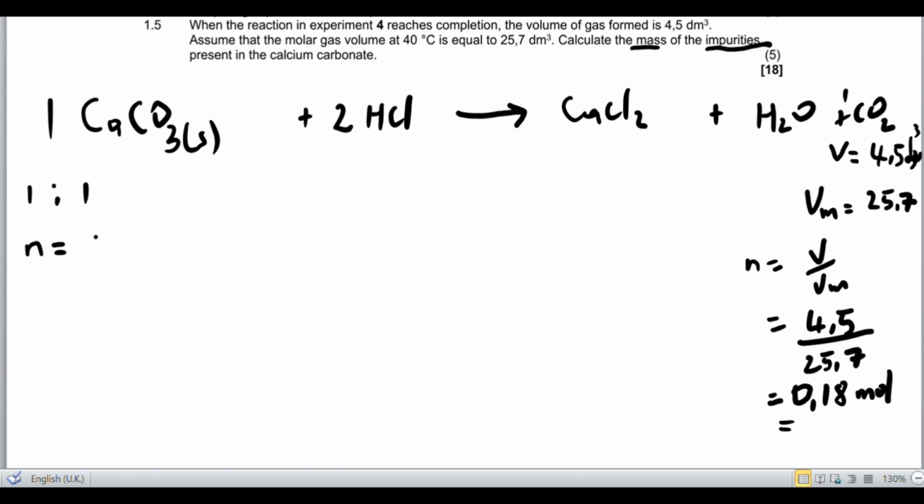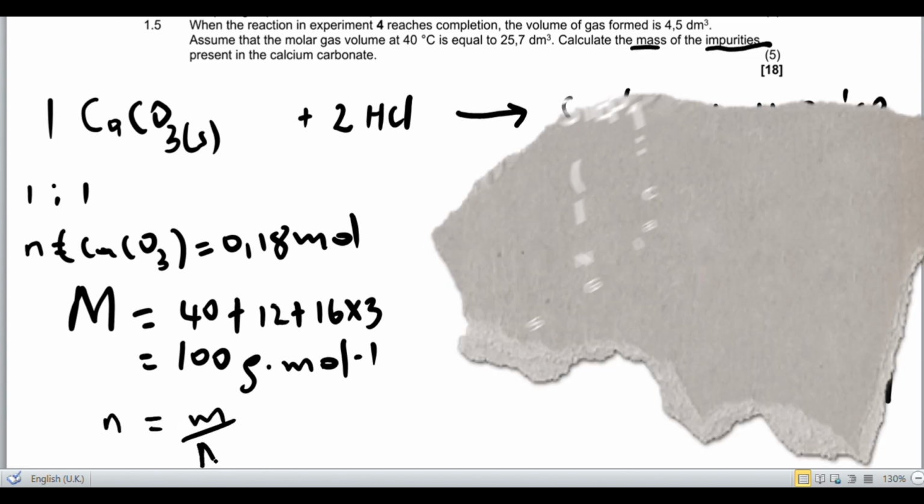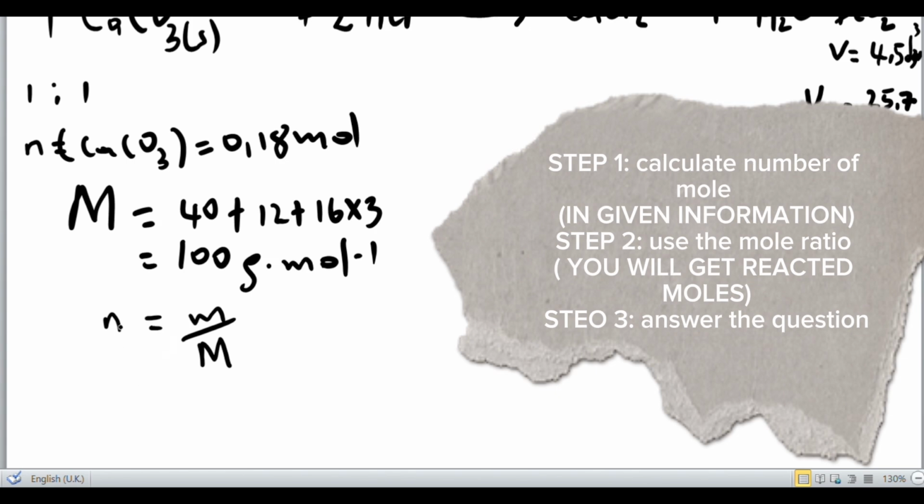The number of moles of calcium carbonate will be equal to 0,18 mole, because the mole ratio is the same. Now we calculate the molar mass of that one. After we have found the molar mass, we calculate the mass. n is equal to m over molar mass. So the number of moles is 0,18.